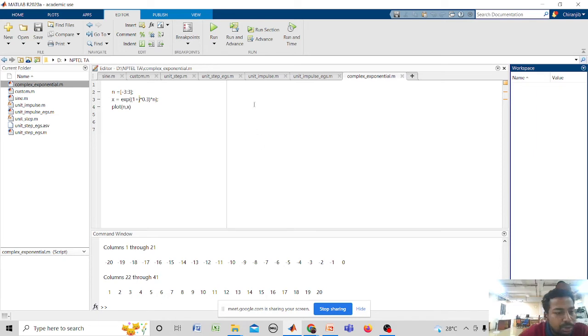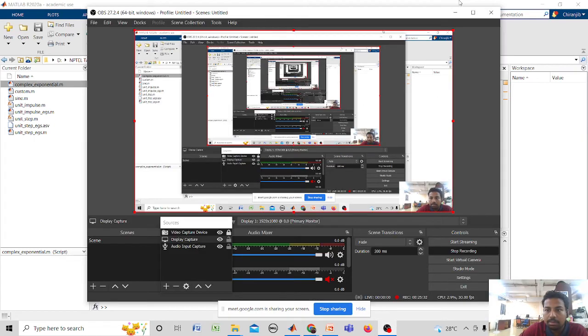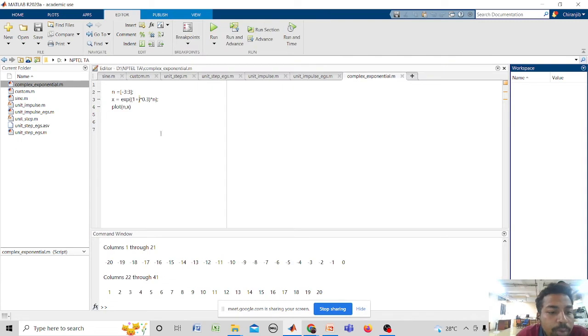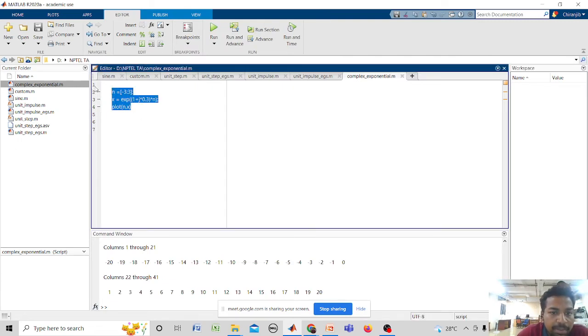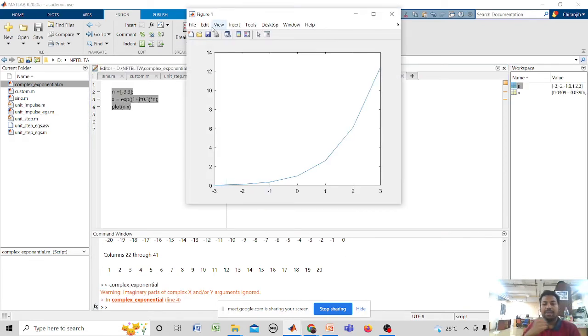Now what we want to do is plot this function. So what you do is just run this command. Okay. So we can see from -3 to +3, this is actually an exponential function.